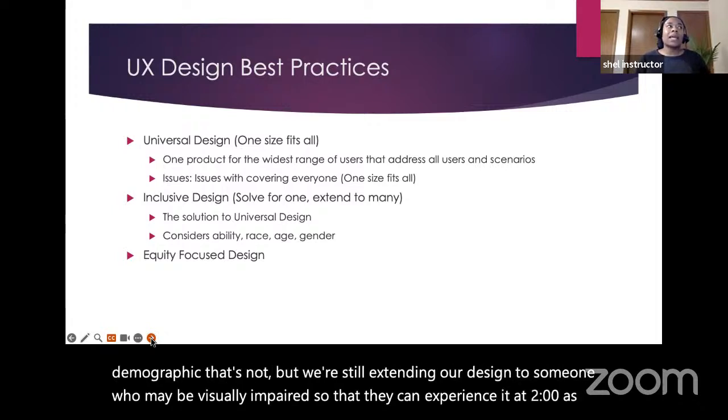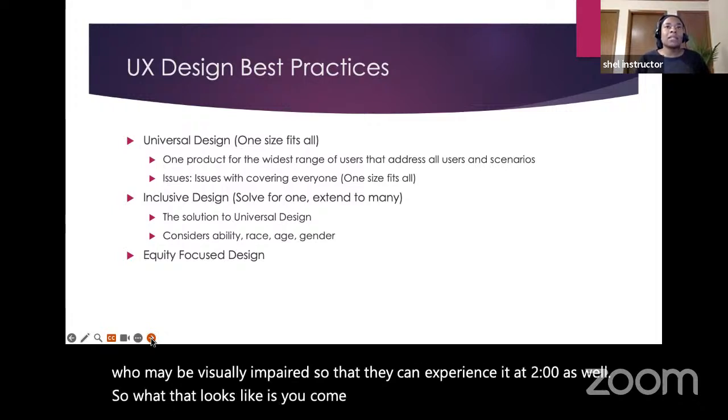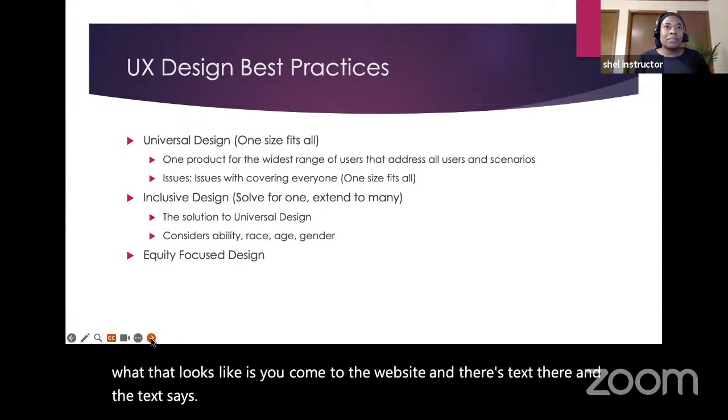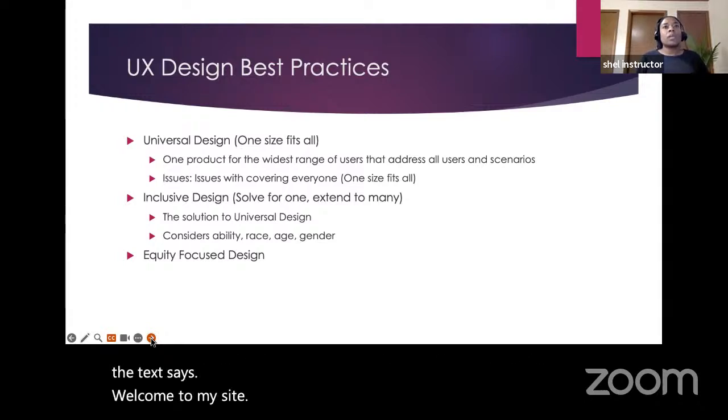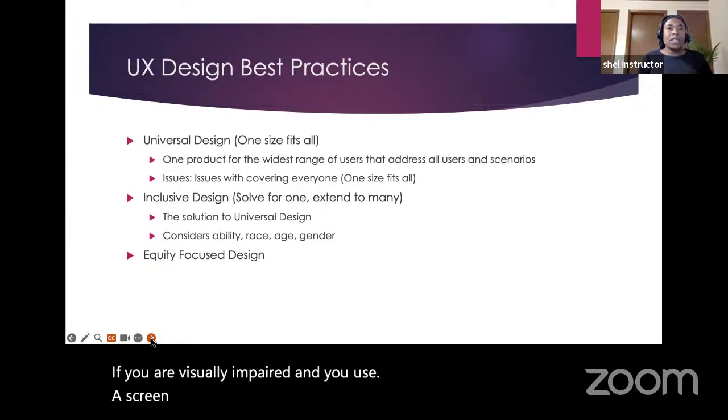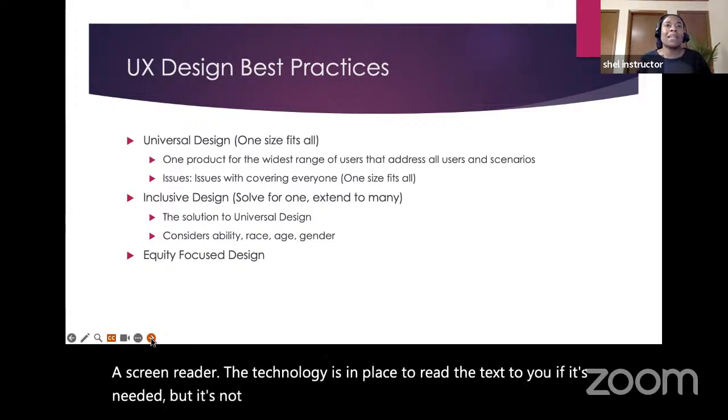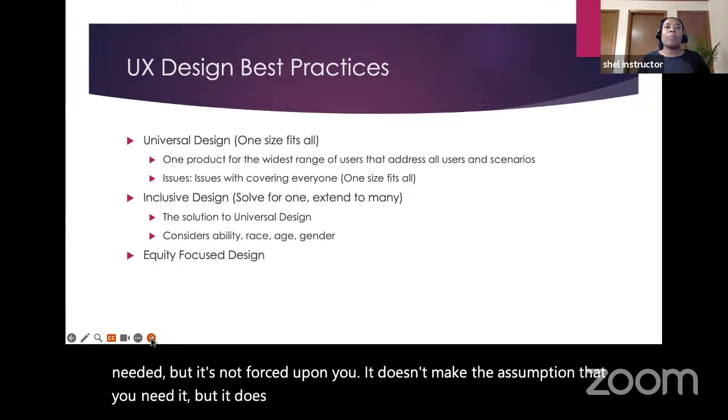You come to the website and the text says, welcome to my site. If you are visually impaired and you use a screen reader, the technology is in place to read the text to you if it's needed, but it's not forced upon you. It doesn't assume that you need it, but it does extend the capability.